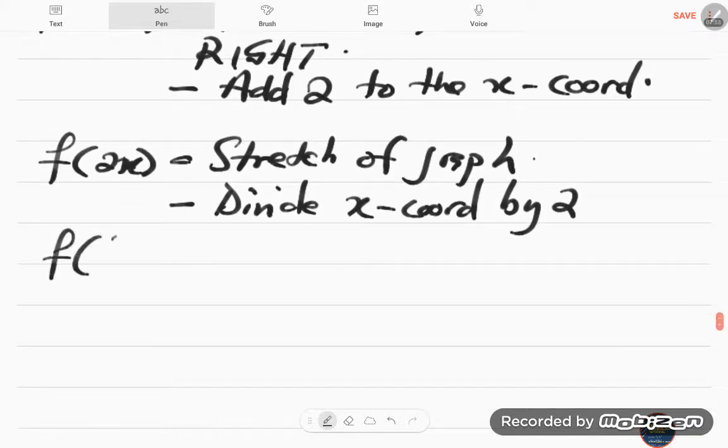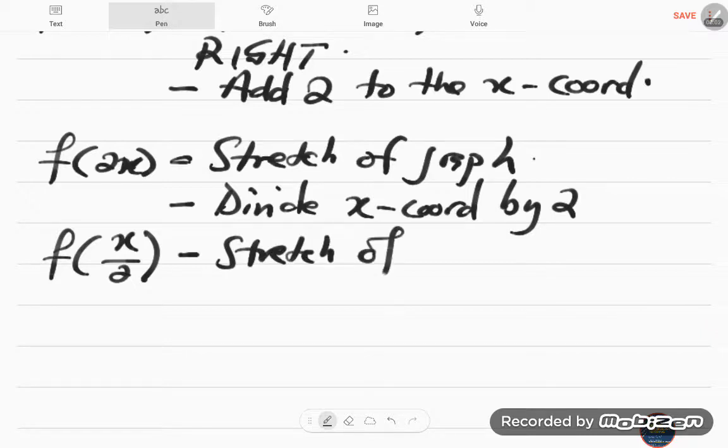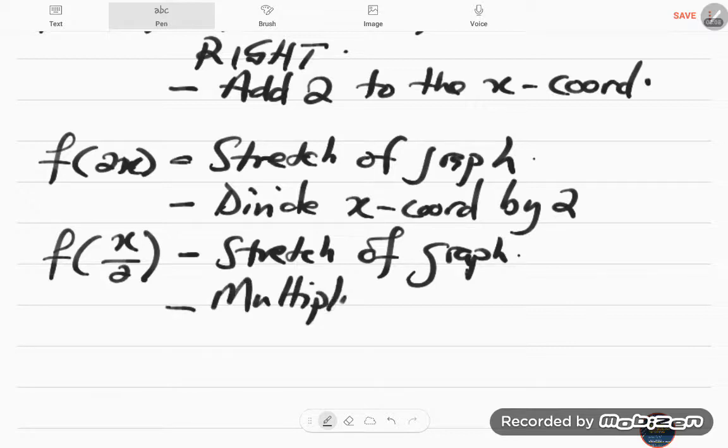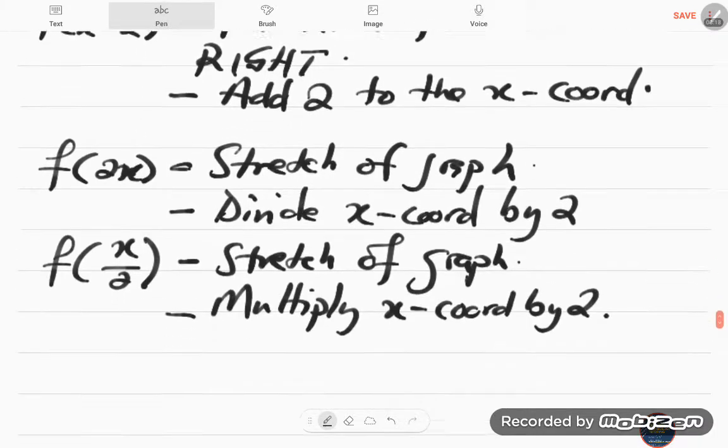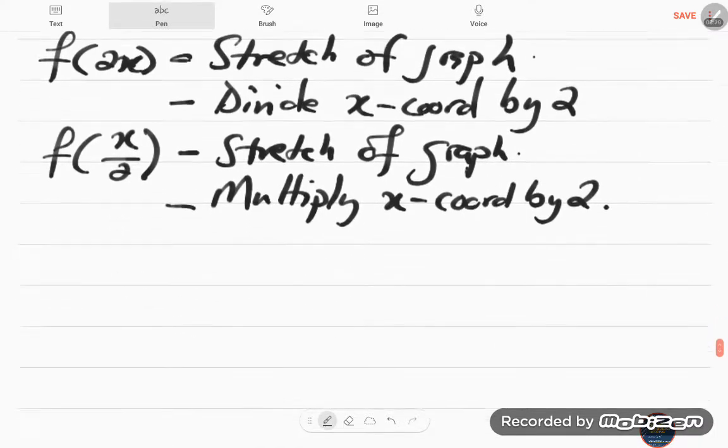Similarly, it's again going to be a stretch, where we now multiply the x coordinates by 2. Okay, and with that, that clears all the cases of what could possibly happen inside the bracket.